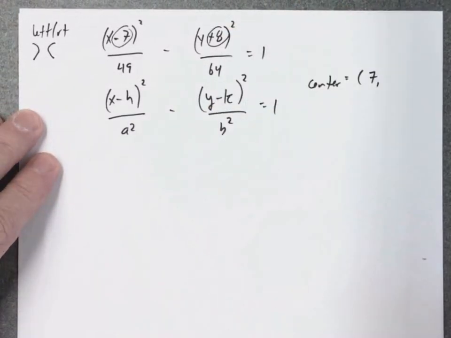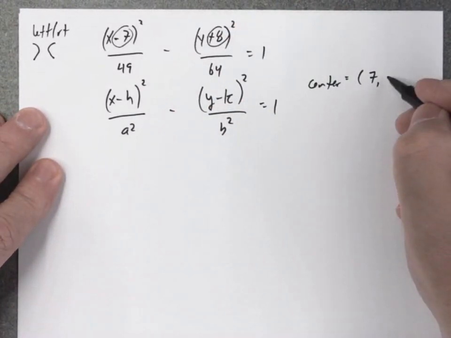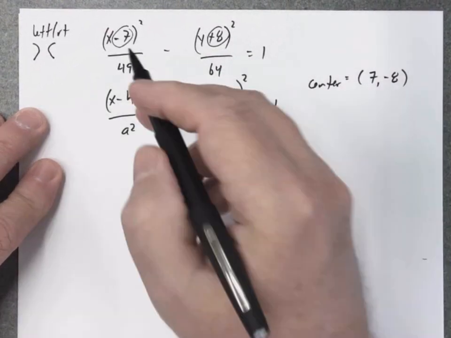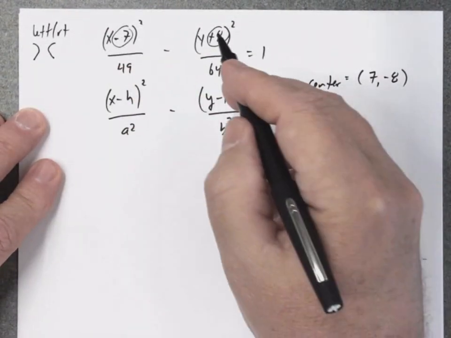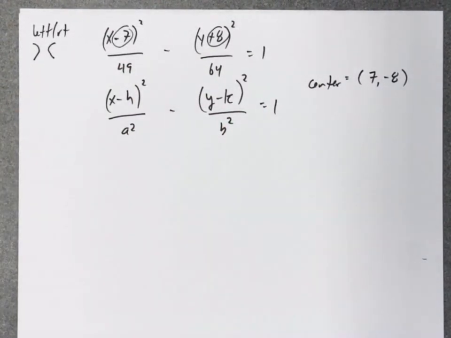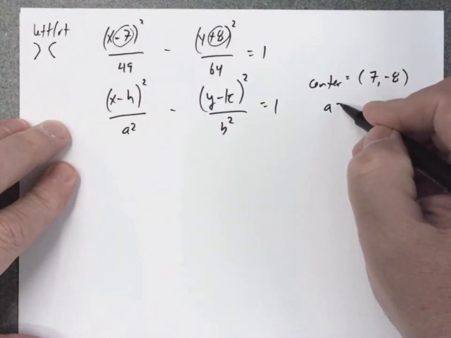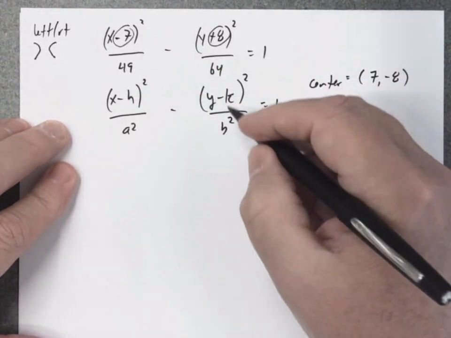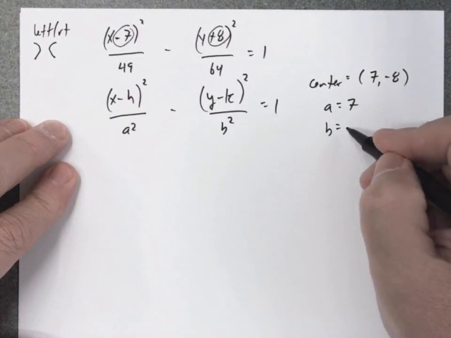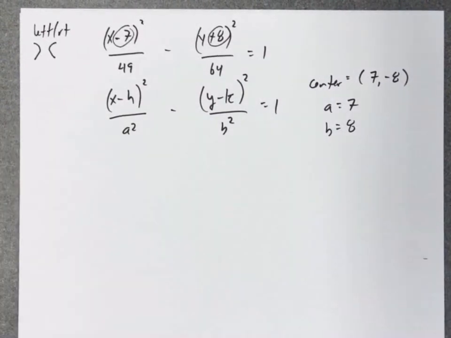I go grab this +8, which translates into k being -8, right? Whatever you grab here, it's always the opposite when you are trying to figure out the center. If a squared is 49, a must be 7. If b squared is 64, b must be 8.